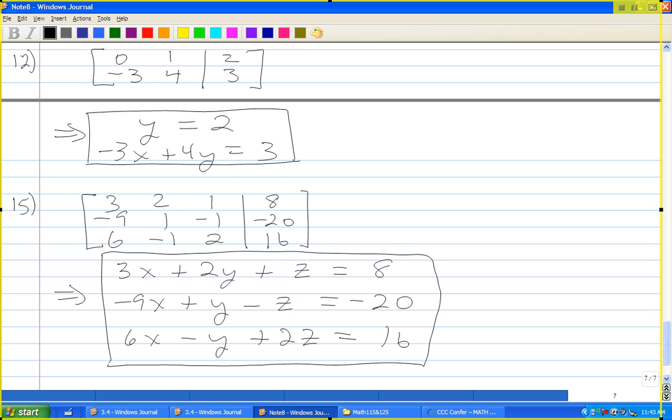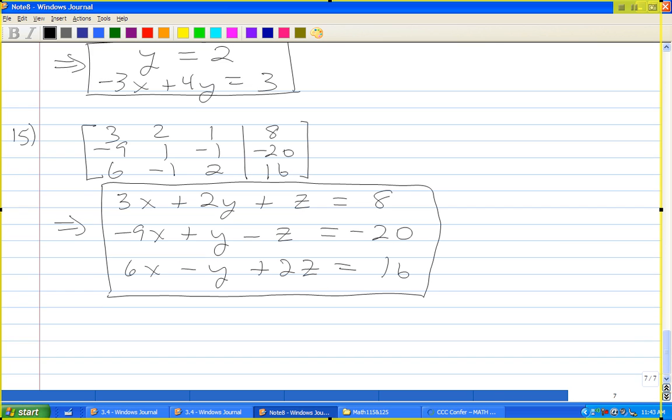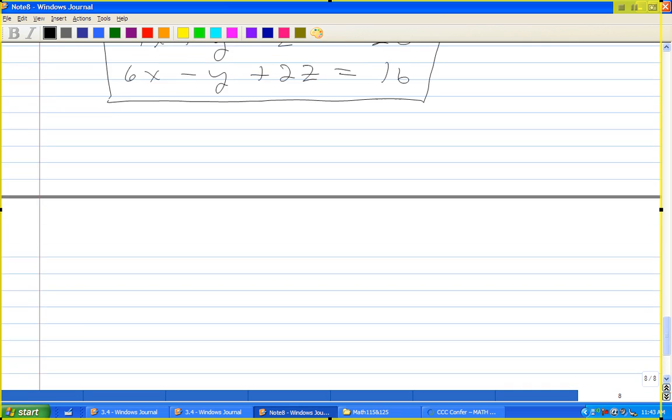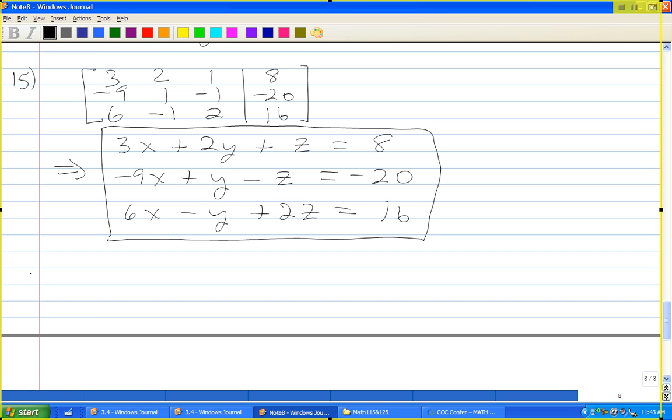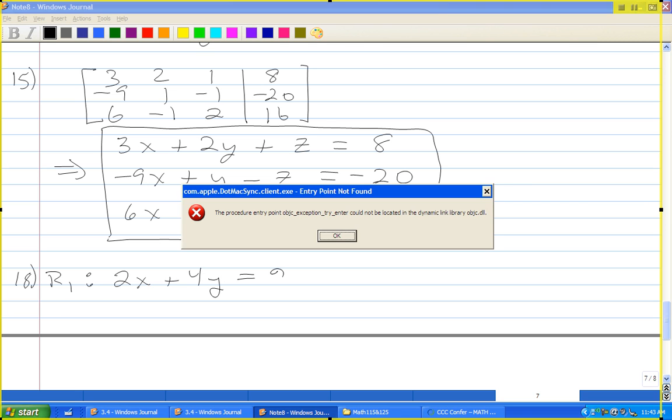Let me do problem number 18. Let's call this row 1: 2x plus 4y equals 2.